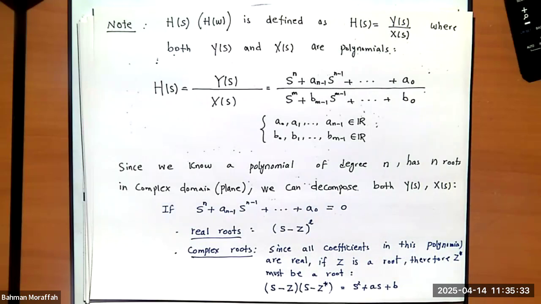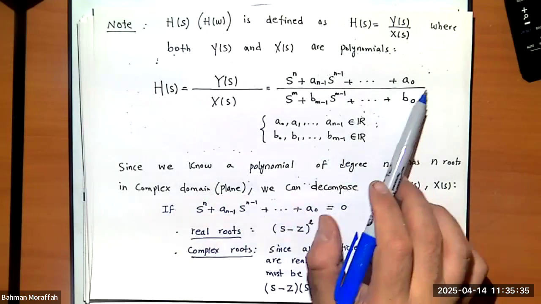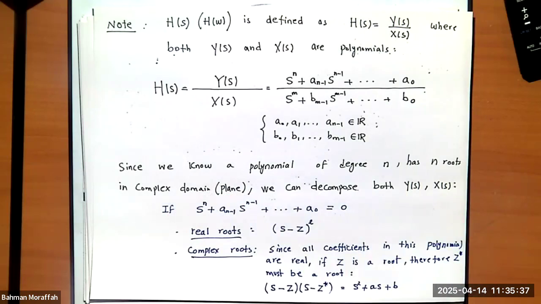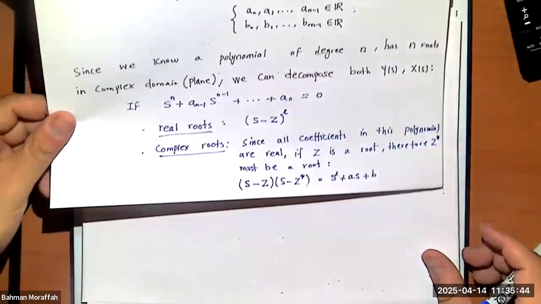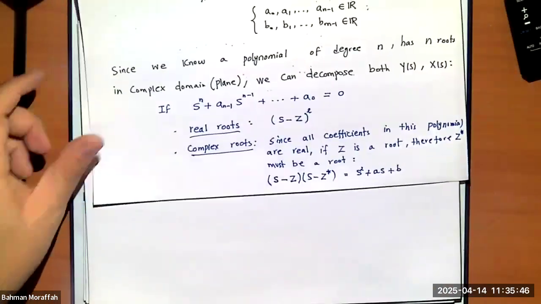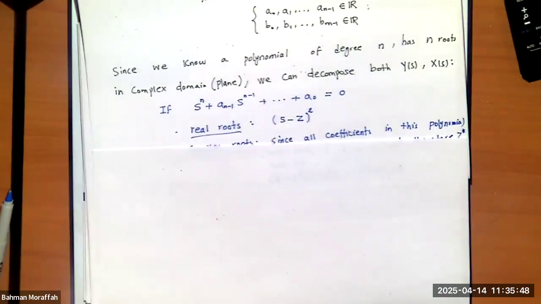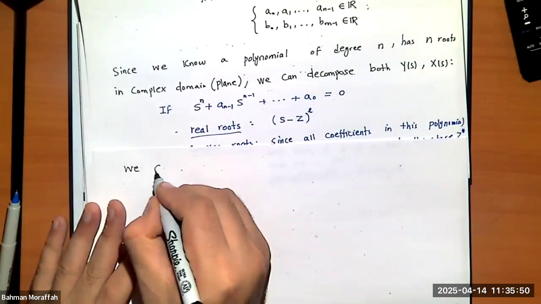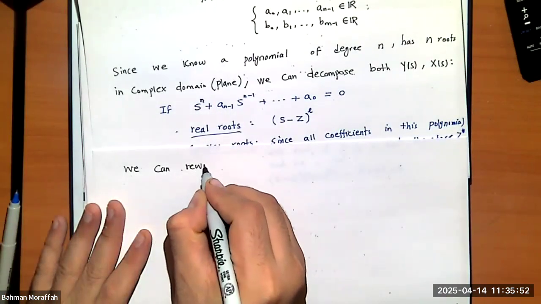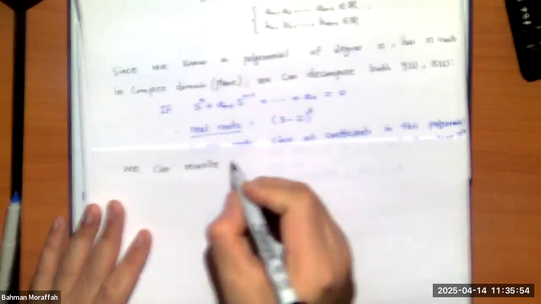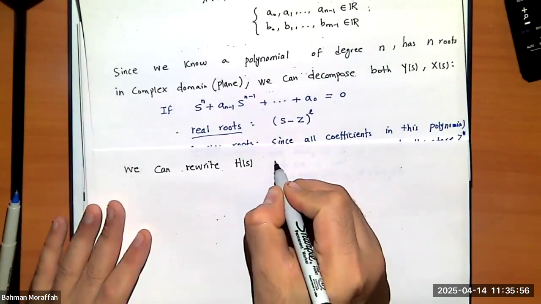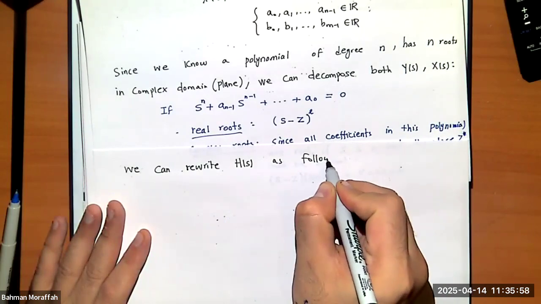Because I know I have this polynomial and this polynomial down here. It can be converted into something like this. So we can write h of s as follows.